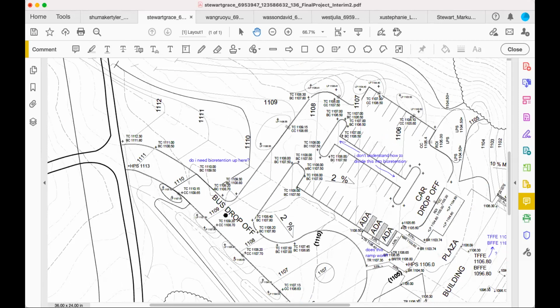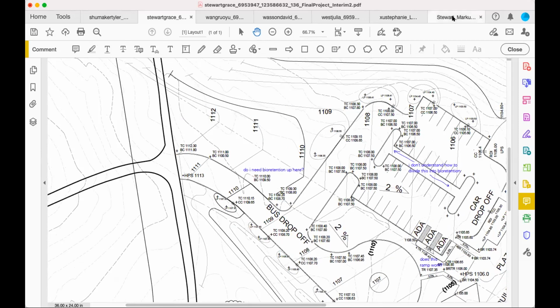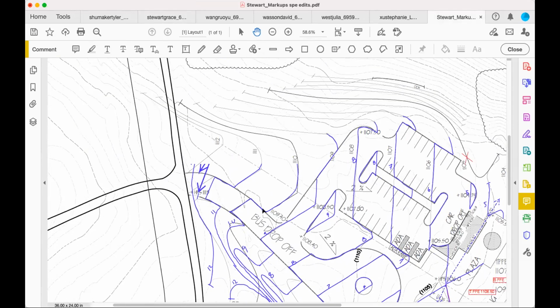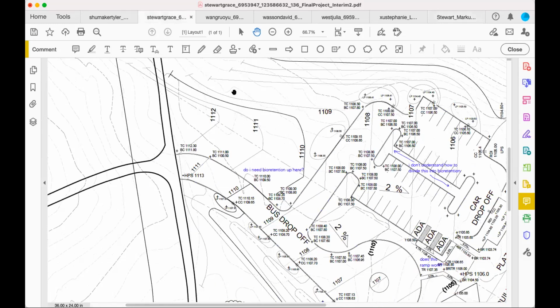Do I need retention here? Well, let's take a look at his markup. So he proposed to have, this is not a swale, this is a ridge. So yes, you would have some water drain to your parking lot. And this one kind of takes care of that one.